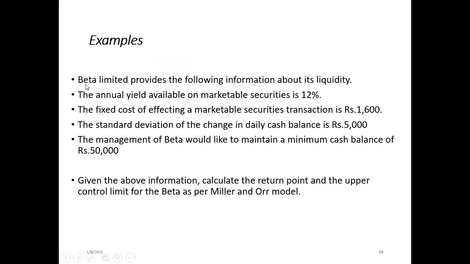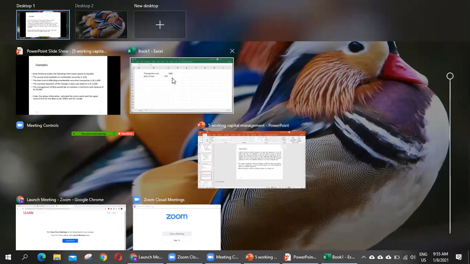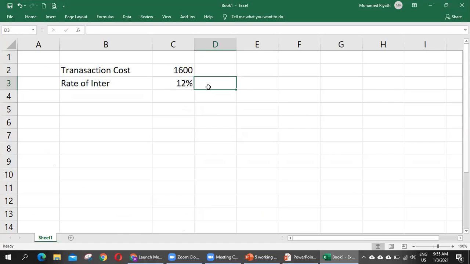The cost of effecting a marketable securities transaction is 1,600, and the standard deviation of the daily cash balance. So we have to convert this annual interest rate into a daily interest rate. How can we do it? We have to divide by 360. Yes, good. So assume that the number of days in the year is 360, right?